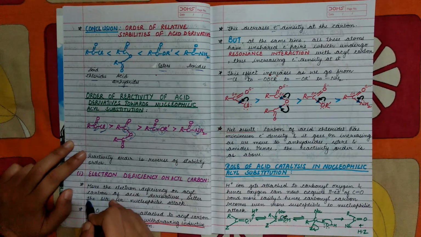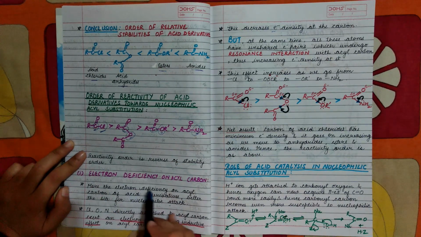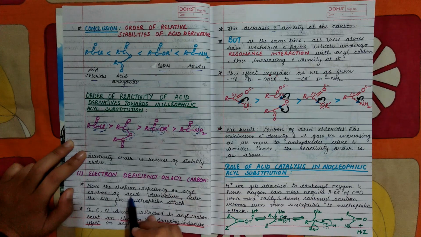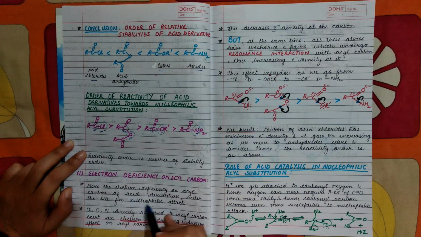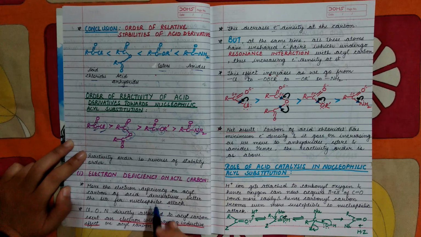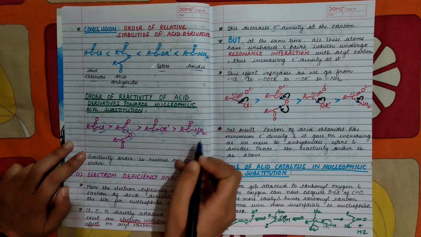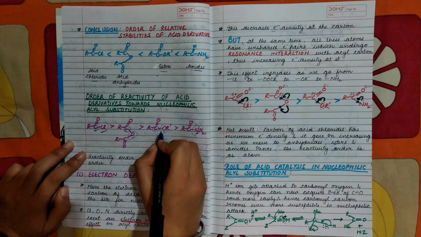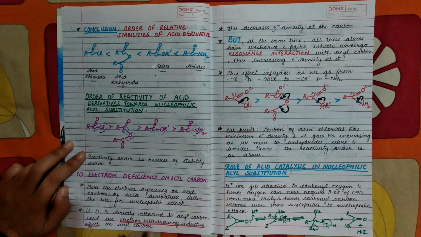Also, we have read in the first point, the more the electron deficiency on the acyl carbon of the acid derivative, the better the site of nucleophilic attack. But due to resonance, all these atoms donate their electrons to the carbon, but due to the inductive effect, they withdraw also.